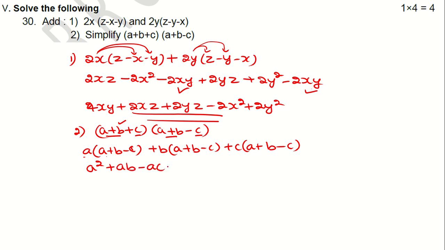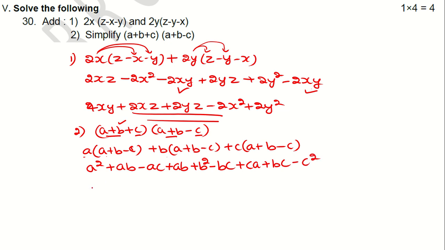a into c becomes ac. Next a into b becomes ab, here ba or ab both are same, plus b into b becomes b square, plus into minus is minus bc, plus c into a becomes ca, plus b into c becomes bc, plus into minus is minus c square.